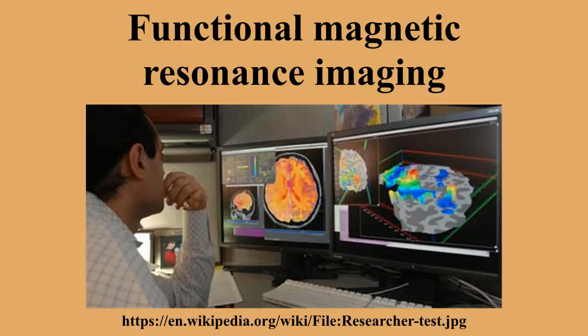BOLD hemodynamic response. The change in the MR signal from neuronal activity is called the hemodynamic response. It lags the neuronal events triggering it by 1 to 2 seconds, since it takes that long for the vascular system to respond to the brain's need for glucose. It typically rises to a peak at about 5 seconds after the stimulus.